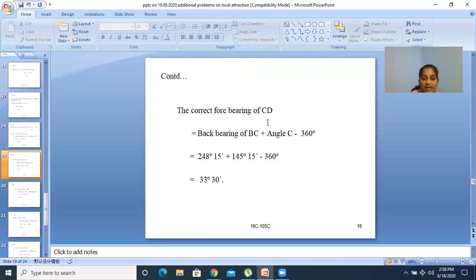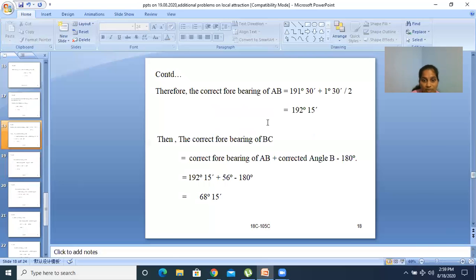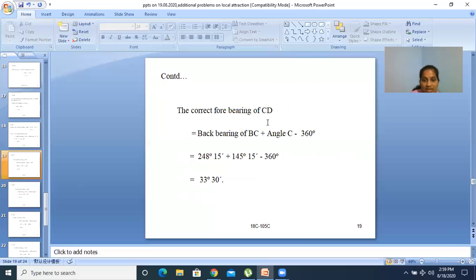The back bearing of BC line is equal to the forebearing of BC line plus or minus 180. The correct forebearing of BC line is 68 degrees 15 minutes plus 180, that is 248 degrees 15 minutes, plus angle at C which is 145 degrees 15 minutes. So this is 33 degrees 30 minutes, the correct forebearing of CD line.